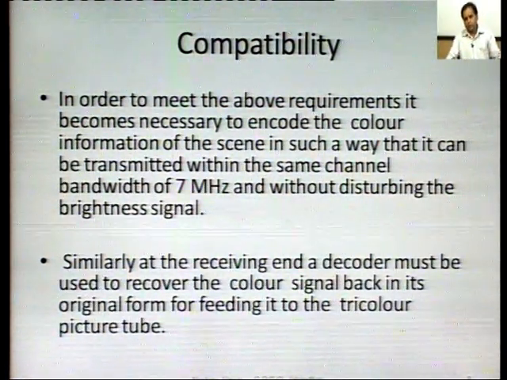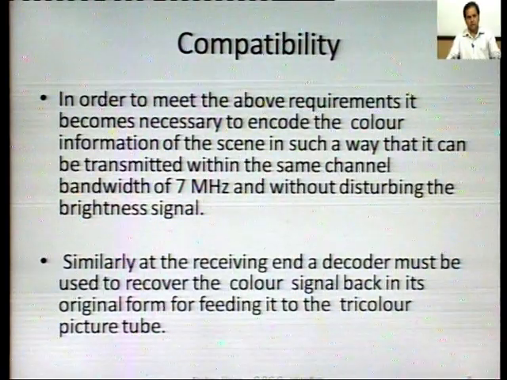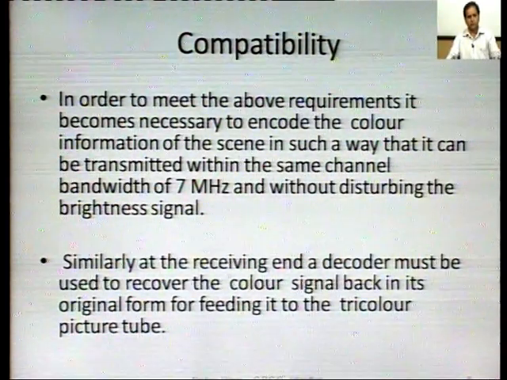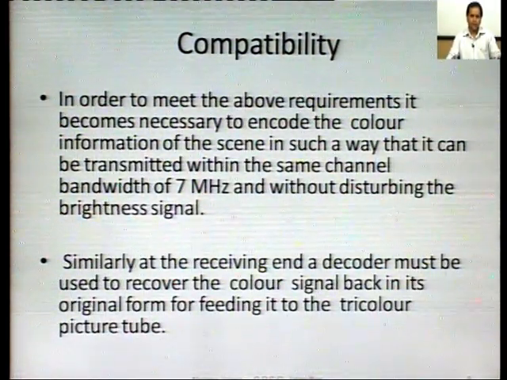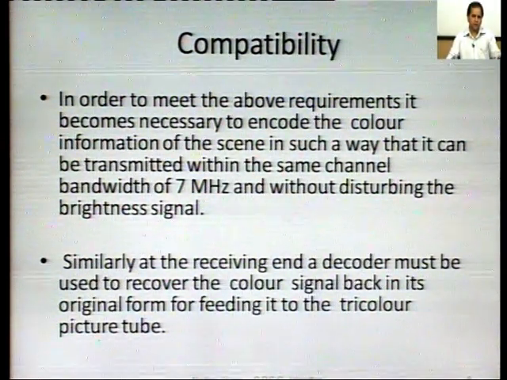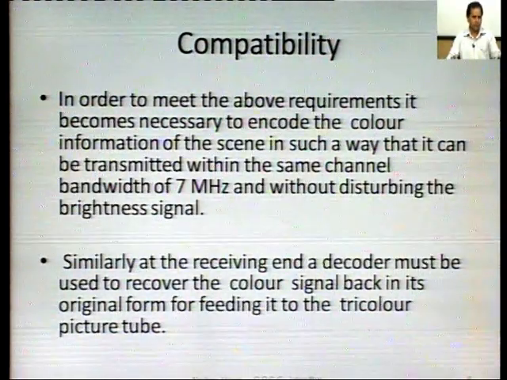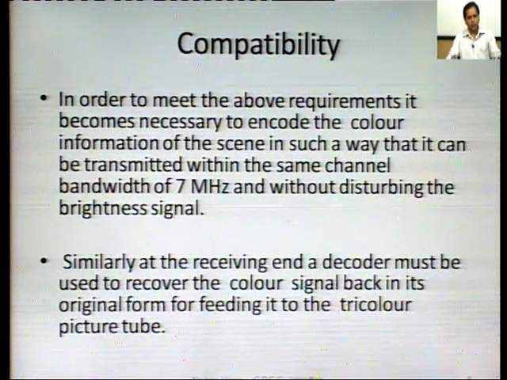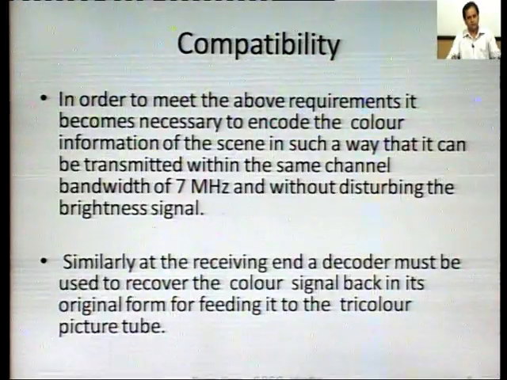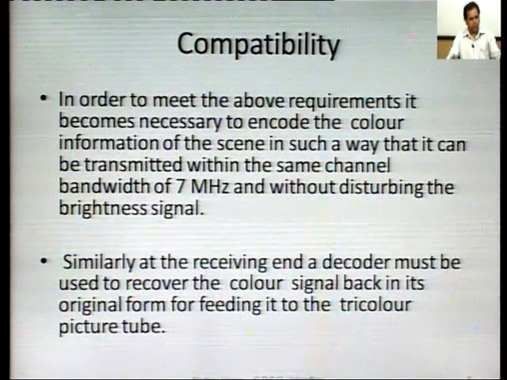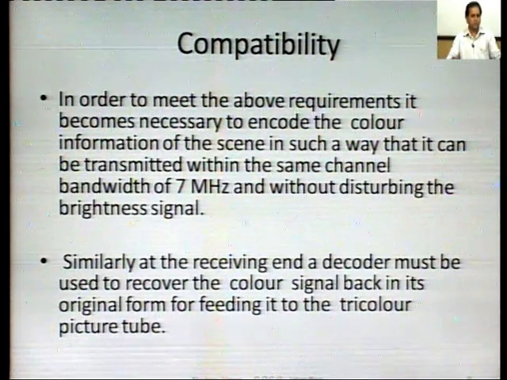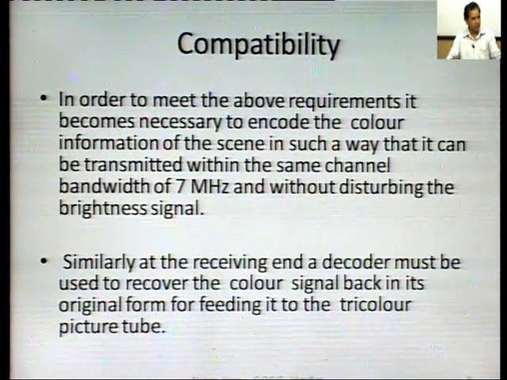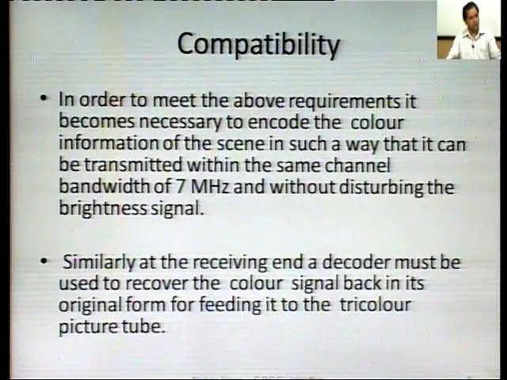In order to meet the above requirements, it becomes necessary to encode the color information of the scene in such a way that it can be transmitted within the same channel bandwidth of 7 megahertz and without disturbing the brightness signal. For the color signal also, the channel bandwidth is the same, 7 megahertz, as for the monochrome signal.